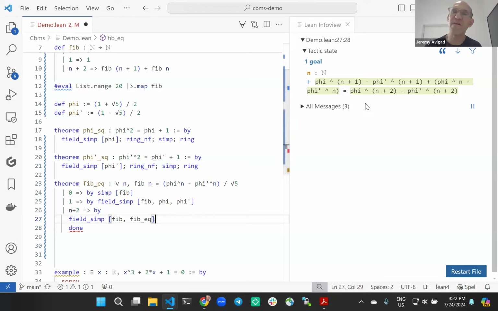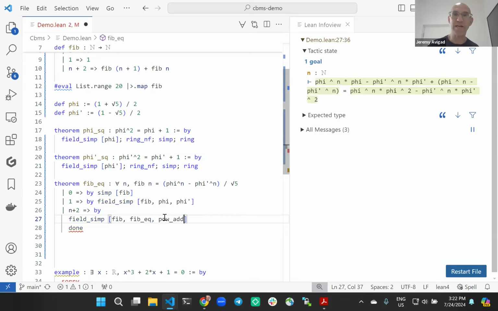So we may notice that we have phi to the n plus 2. And so if we expand that to phi to the n times phi squared, then we can use our lemmas for phi squared and similarly for phi prime squared. So the lemma we need is pow_add. And Heather talked about the annoyance of having to know names of lemmas and theorems by heart. So here's just an example. I just know that the identity that says a to the b plus c is a to the b times a to the c is called pow_add.